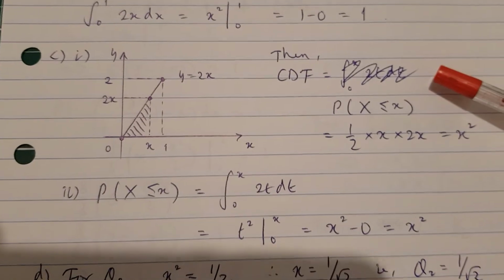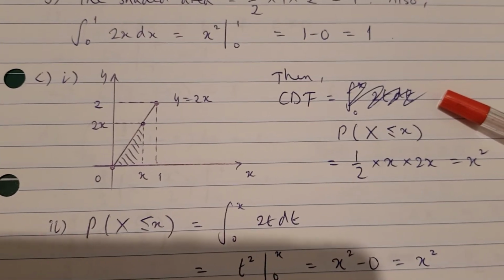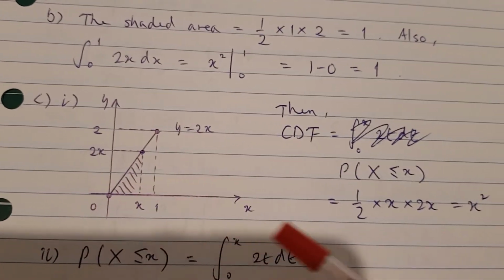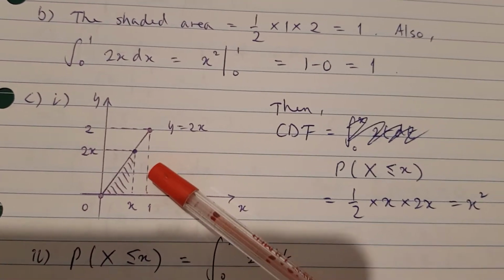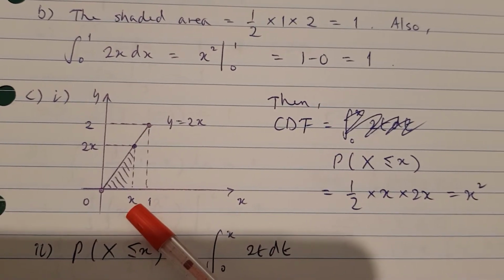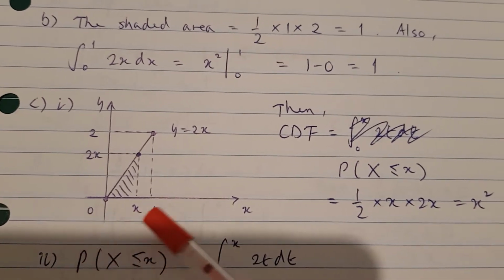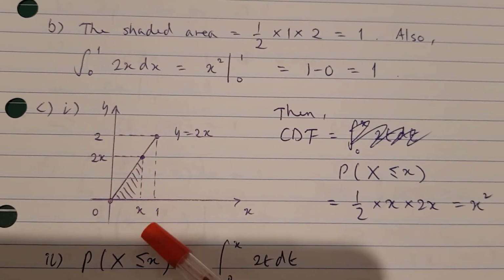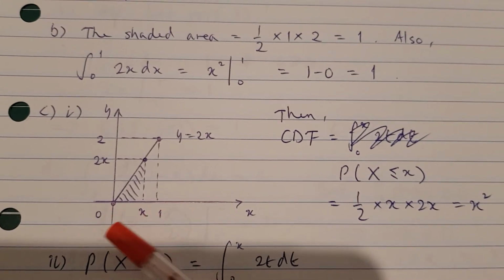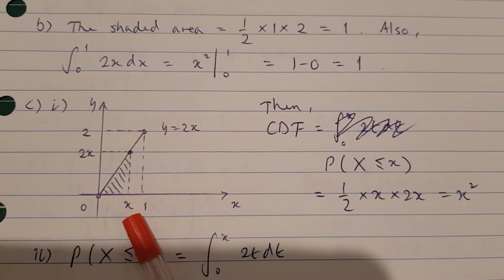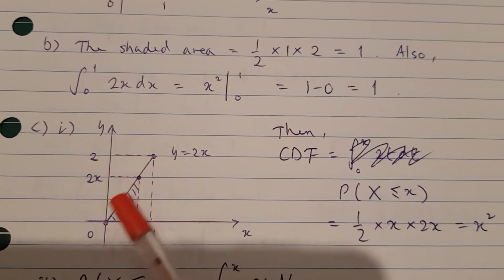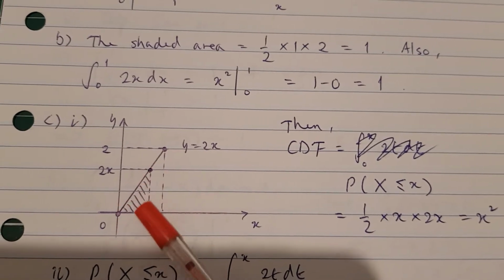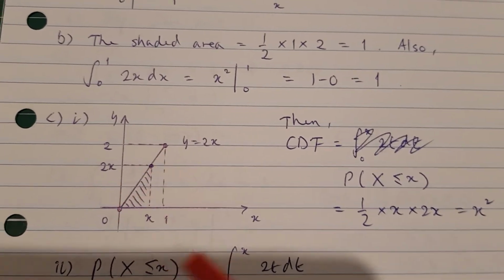Part C, so part 1 is to show that within this triangle graph, you now have to put x as any value between 0 and 1. Therefore, its corresponding y value is 2x. So notice again, x is any value between 0 and 1. So that's one possibility. What it does is this area under the curve, in this case the straight line, will be your CDF.